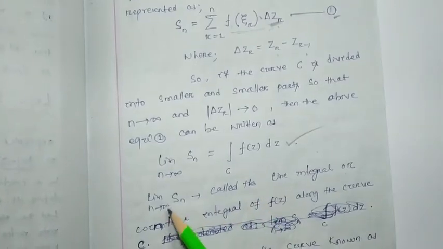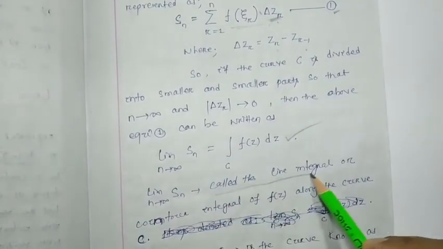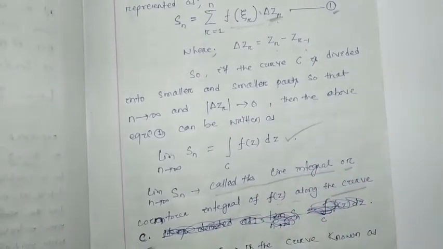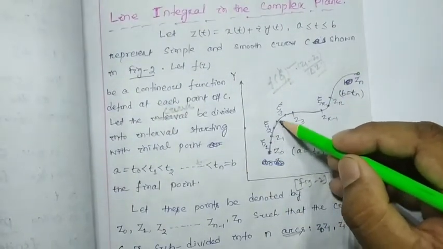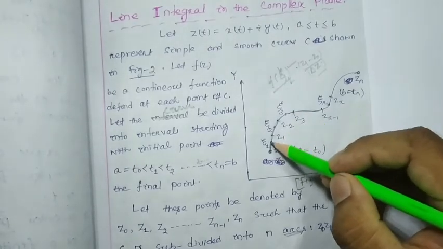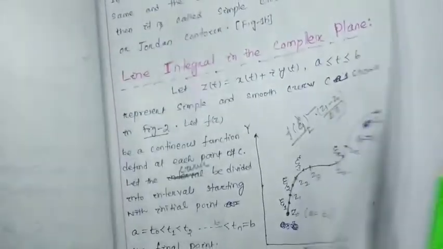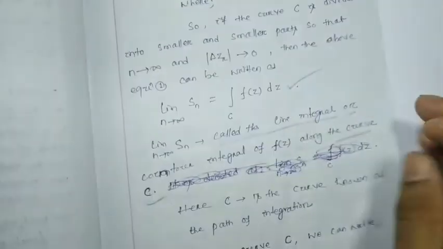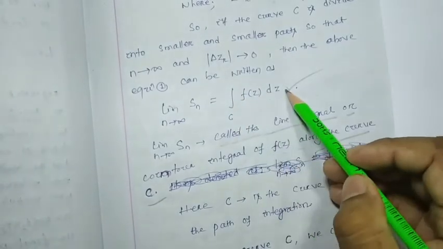So here, limit n tends to infinity Sn is called the line integral or contour integral of f(z) along the curve C. Instead of considering summation of the functional value at each and every point, as it is continuous, one can represent it in this way, that is, integration over C of f(z) dz.